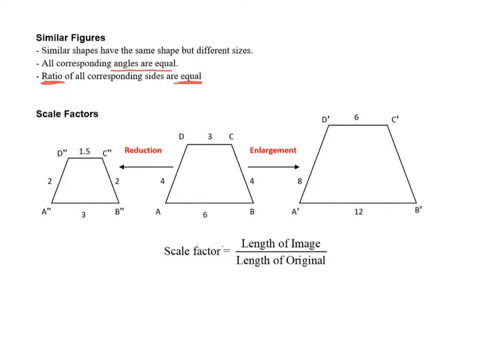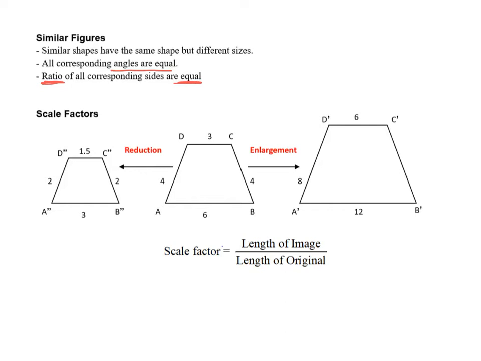Now let's take a look at the following diagram over here. We have with us a trapezium A, B, C, D. Now, if this is the original size of a trapezium and it were to become a larger trapezium, A prime, B prime, C prime, D prime.